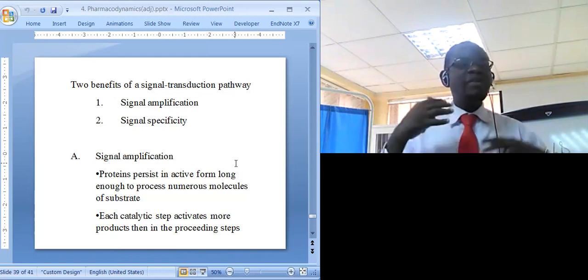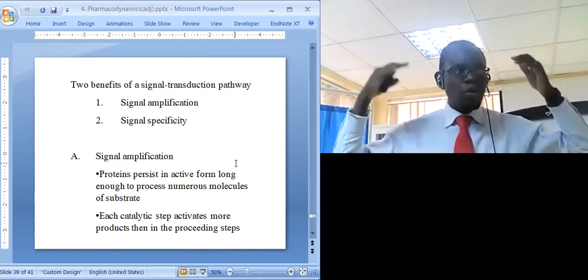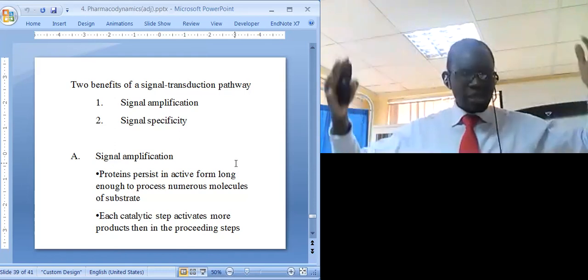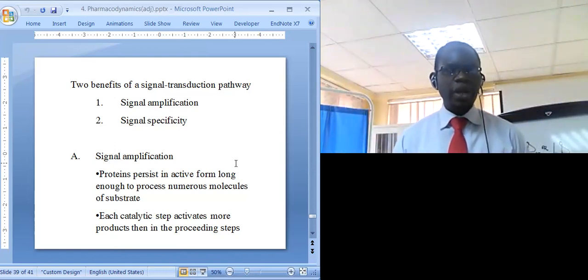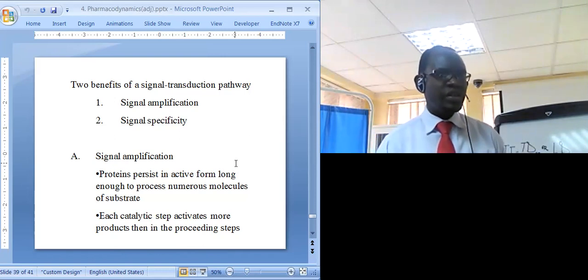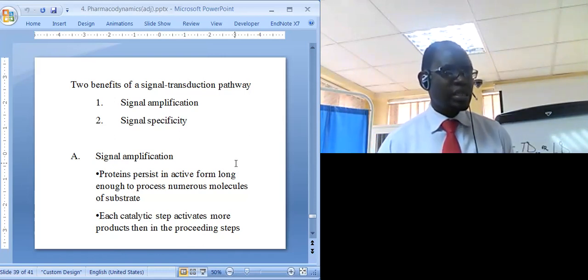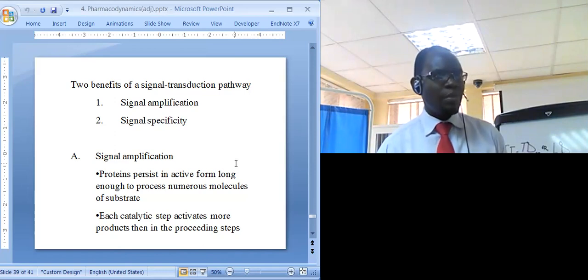And so we have amplification of whatever process we are interested in. That is basically signal amplification.